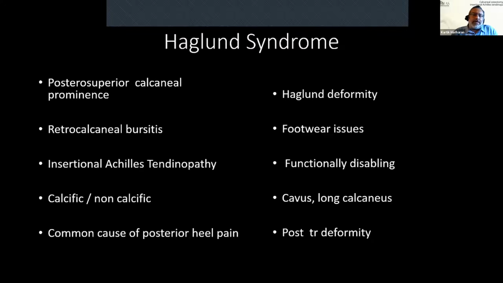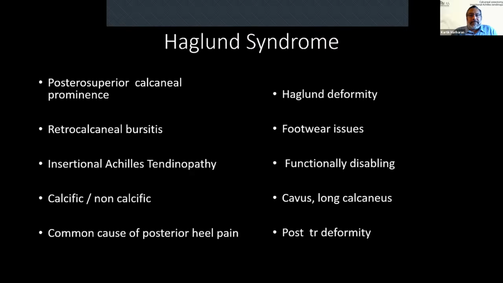We know that the word syndrome means it's not simple, and that it consists of a variety of pathological entities. With the Haglund syndrome, as Yves had mentioned, you've got calcaneal spurs, bursitis, and tendinopathy, which can be calcific or non-calcific, and is a relatively common cause of posterior heel pain.